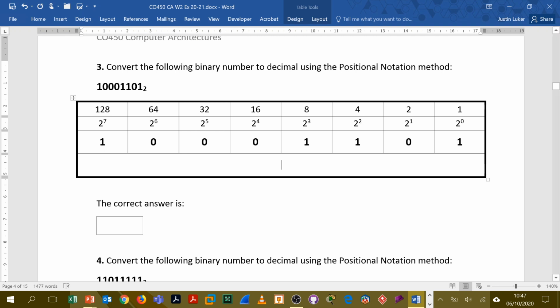So again, we can note down our powers. So we've got 1 under 128, 1 under 2 to the 7, plus we've got 1 under 8, or 2 to the 3, and we've got 1 under 2 to the 2, so that's 4, and we've got 1 under 2 to the 0, which is 1.